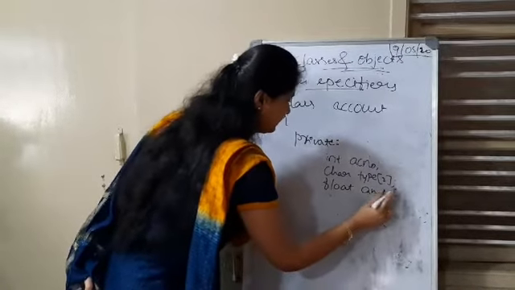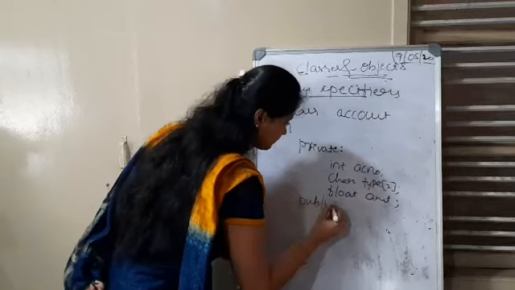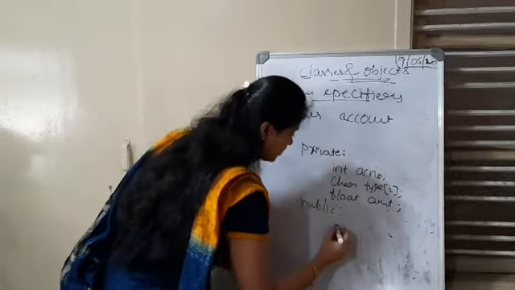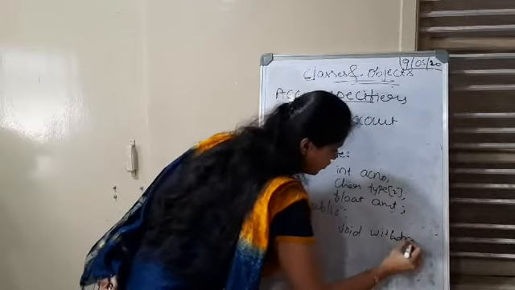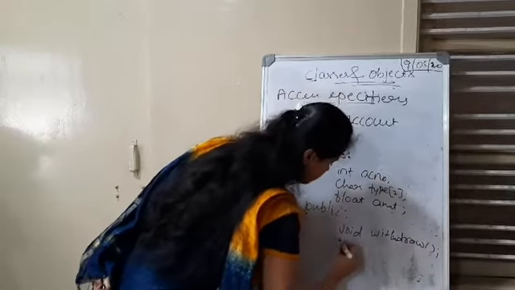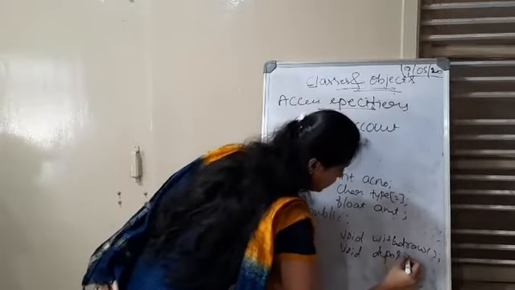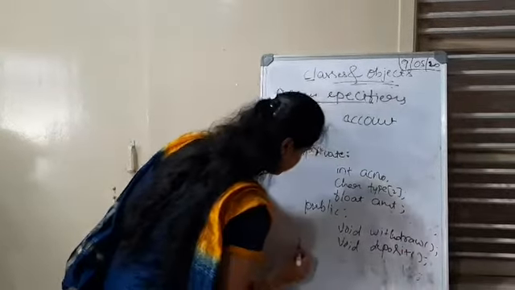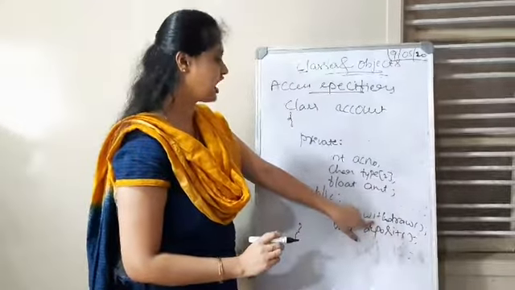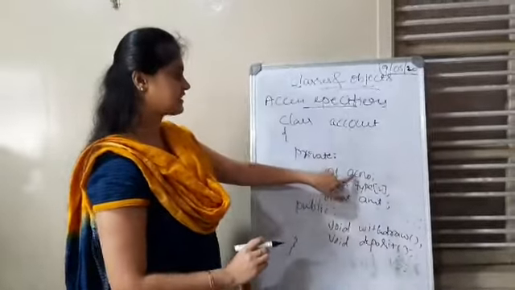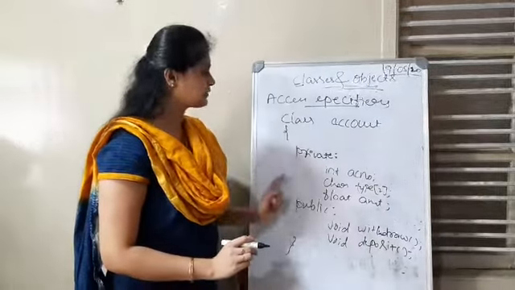Now, under public, you are going to write void withdraw and void deposit. Deposit and withdraw are the 2 member functions which are capable of accessing this data, because they are in the same class.